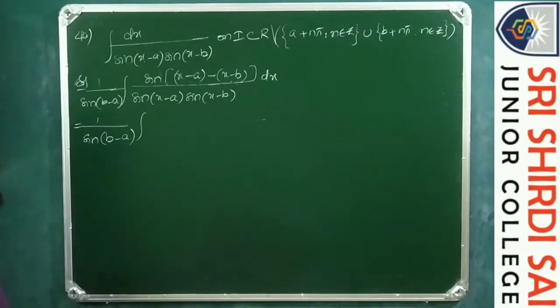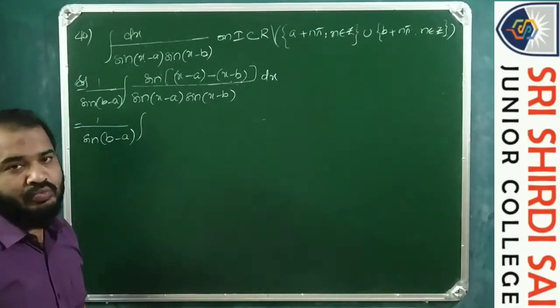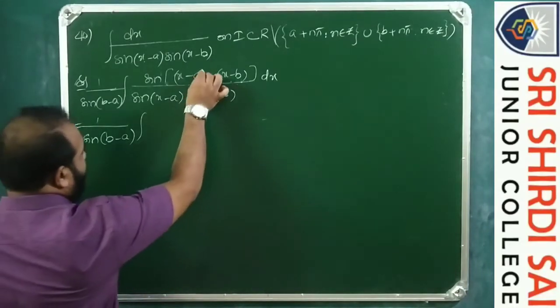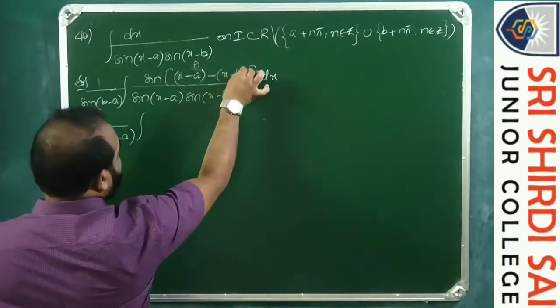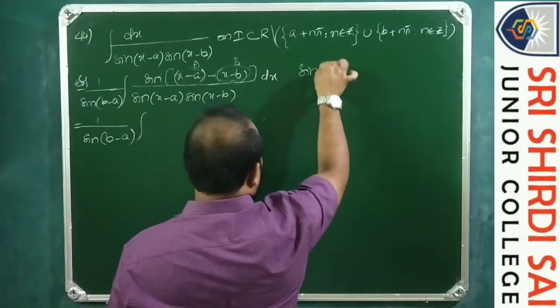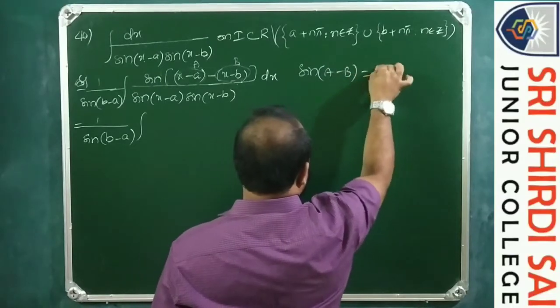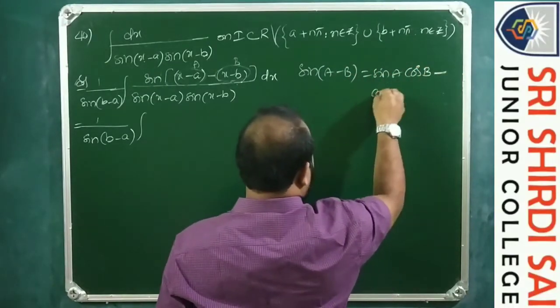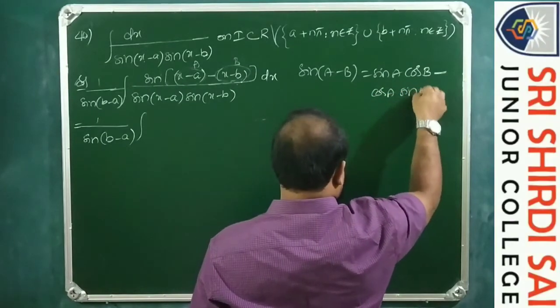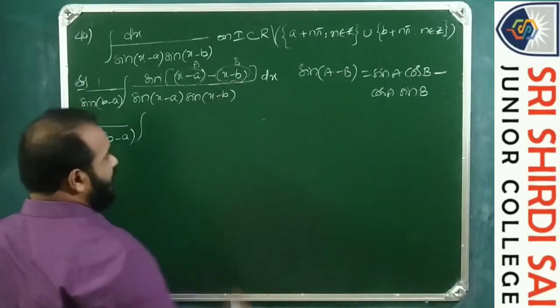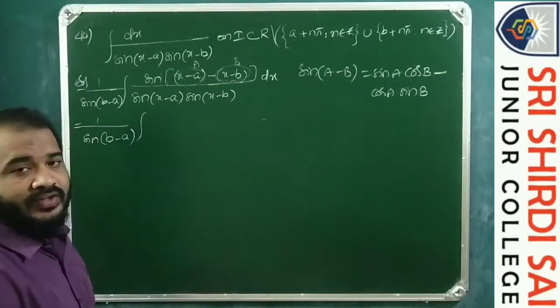Integral. We know sin of a minus b is sin a cos b minus cos a sin b. So let us suppose this to be a and this to be b. So we know that sin(a minus b) is equal to sin a cos b minus cos a sin b.